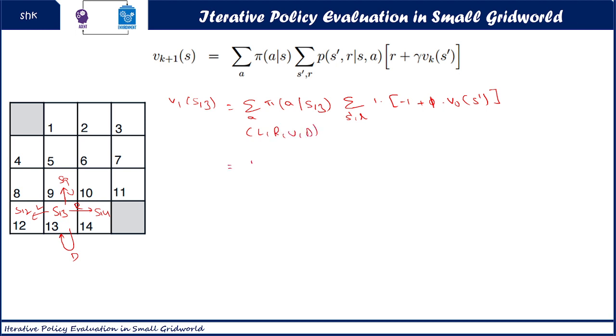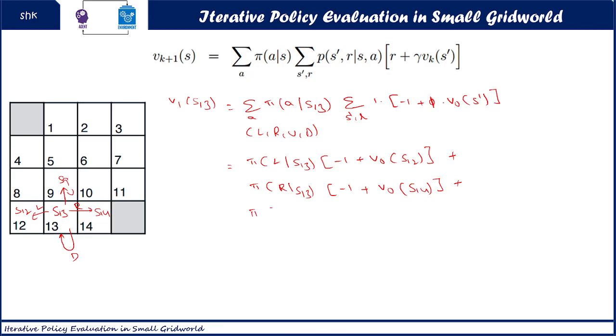So now we can expand as the probability of left action from S13 state into minus 1 plus V naught of. So when we take left action, the next state is S12, so V naught of S12, plus the probability of right action from S13 state, the reward is minus 1 plus V naught of S14, since when you take right action the transition is to S14 state.